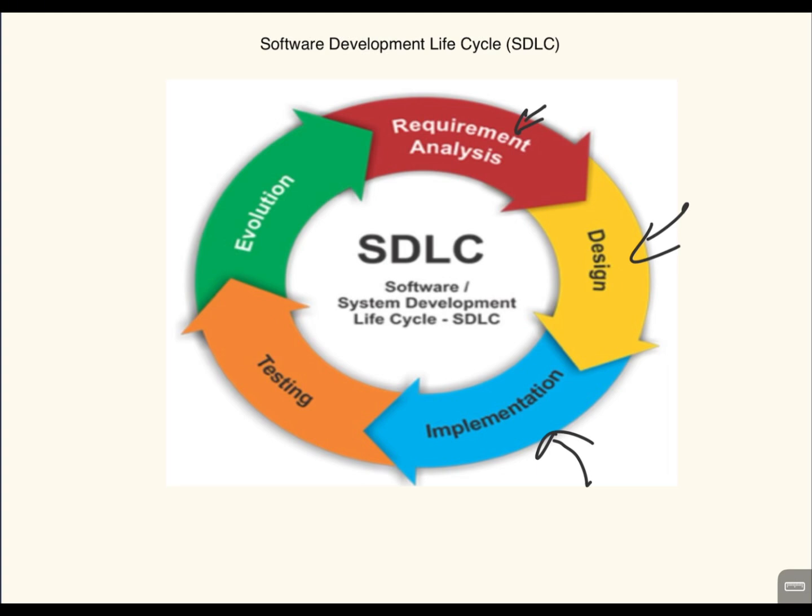So in the first phase we gather the requirements, and in the design phase we have decided which programming language will be used for the code. So now in the third phase, the developer will write the code based on the design specification, whatever we have decided in the design phase.